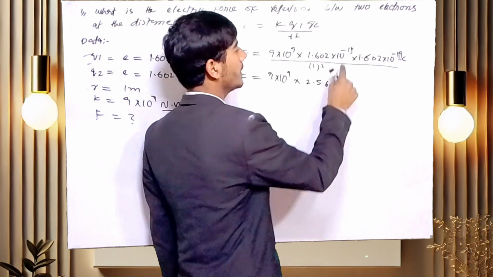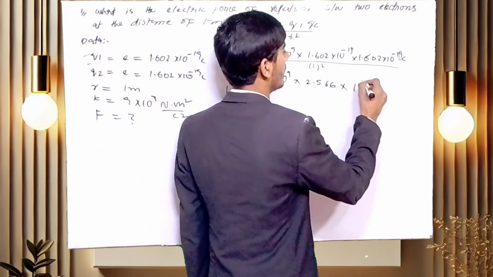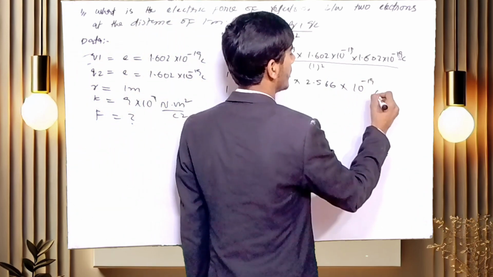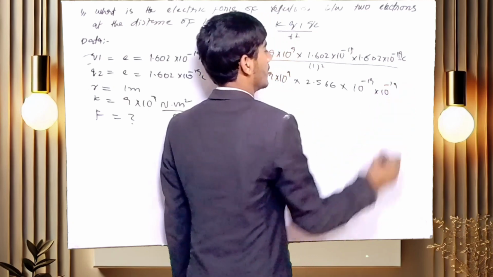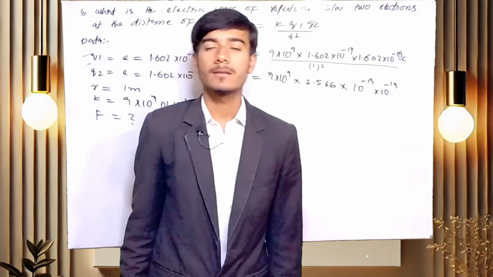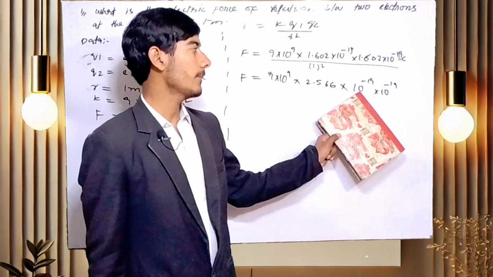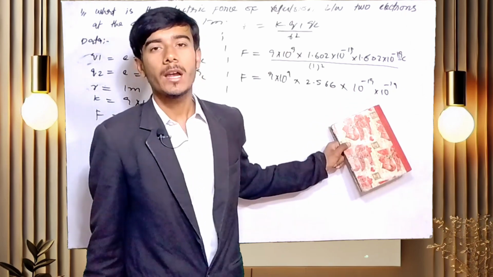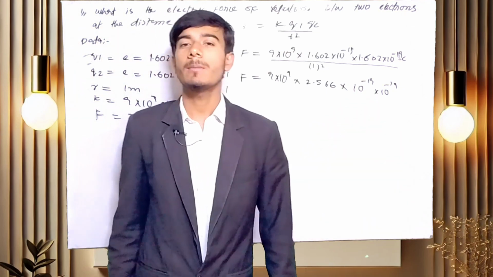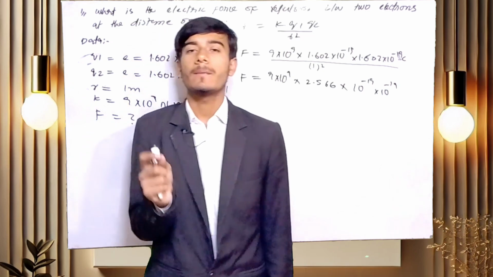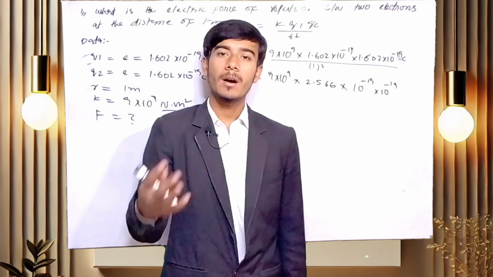Now I am going to multiply 10 power minus 19 by 10 power minus 19. You know that the bases are the same. That's why I can add the powers. The multiplication rule is, when the bases are the same, you can add the powers.